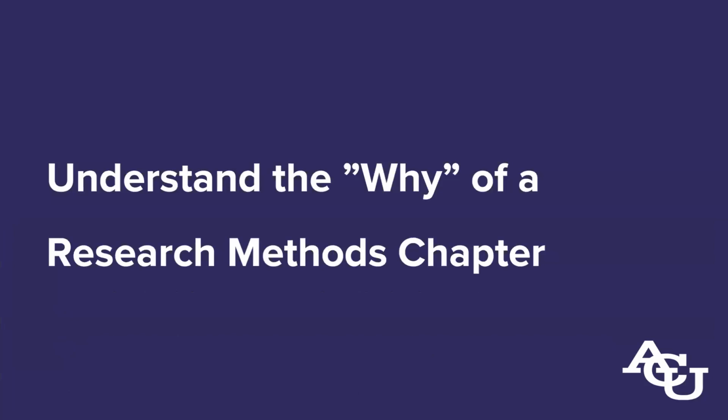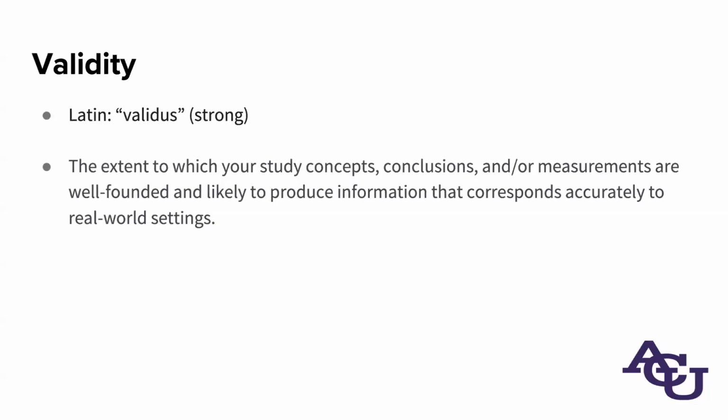So let's talk about the whys of the research methods chapter. Well, the first off is something called validity. And validity comes from the Latin word validus, which means strong.